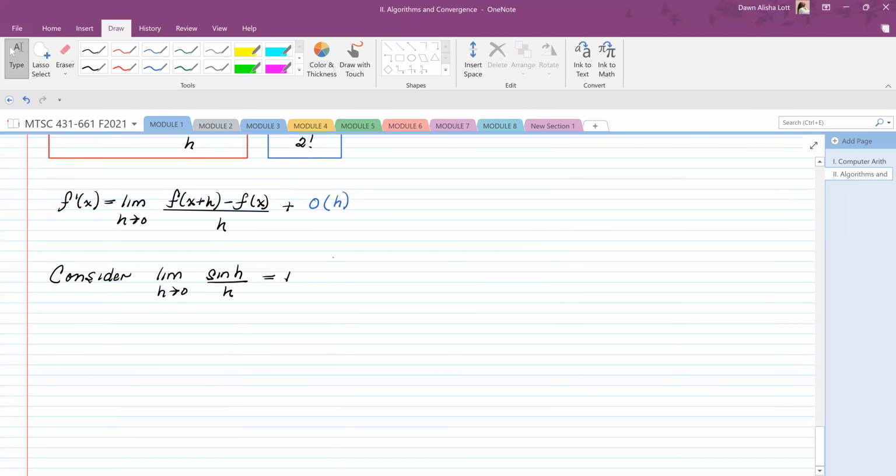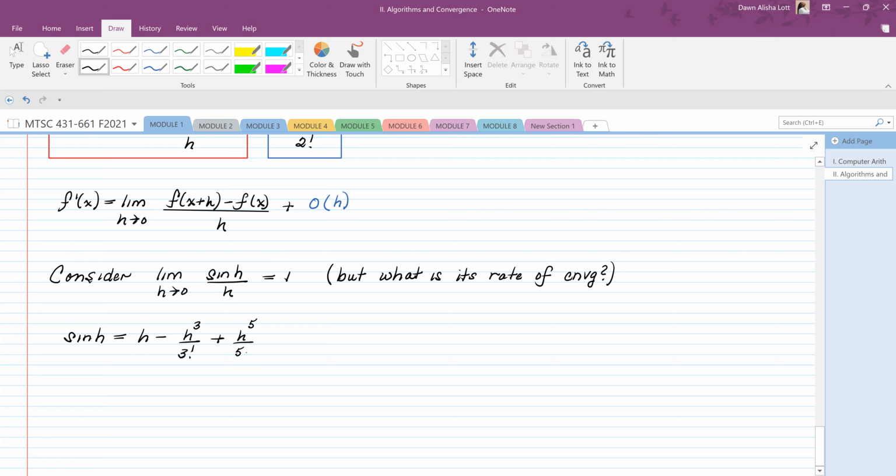But what's its convergence? What is its rate of convergence? Well, let's see. The sine of h is h minus h cubed over 3 factorial plus h to the 5th over 5 factorial.